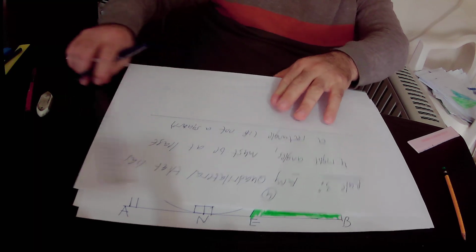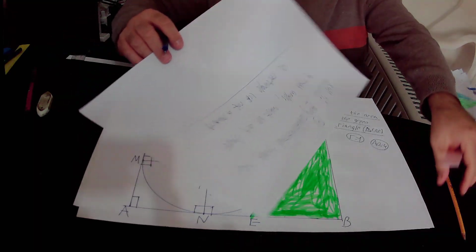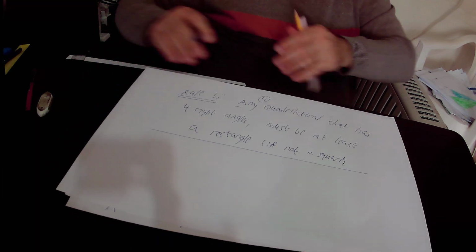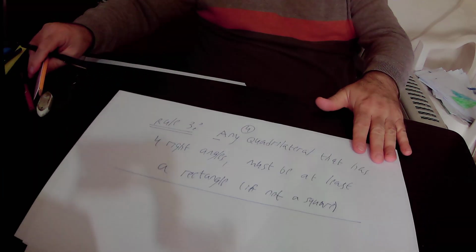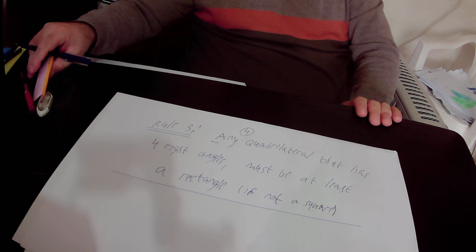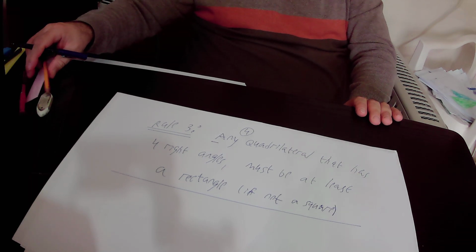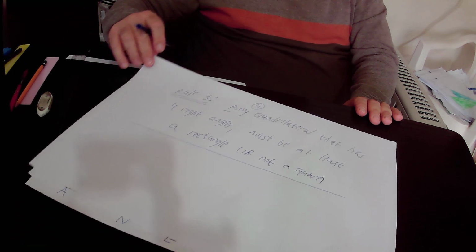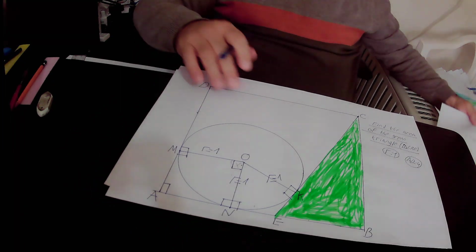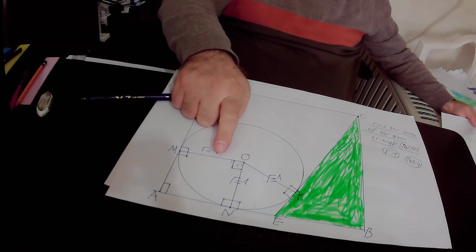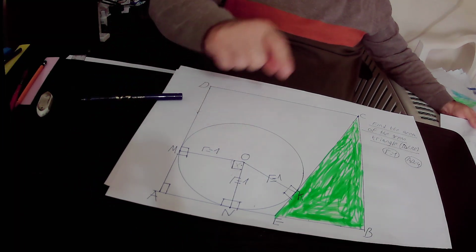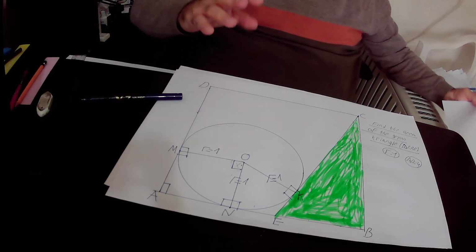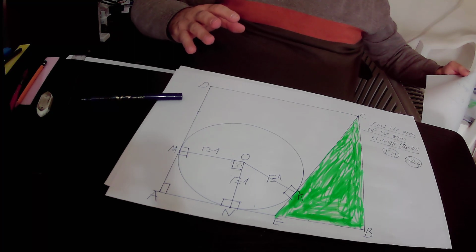So I will read rule number 3 again. According to rule number 3, any quadrilateral that has 4 right angles must be at least a rectangle, if not a square. And actually, our quadrilateral MOAN has 4 right angles. Therefore, according to rule number 3, quadrilateral MOAN is a rectangle.